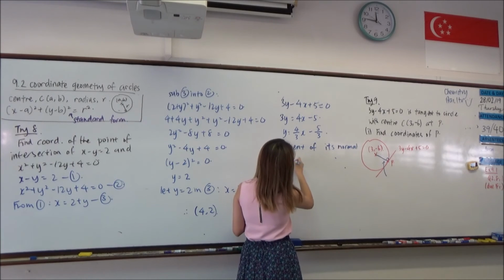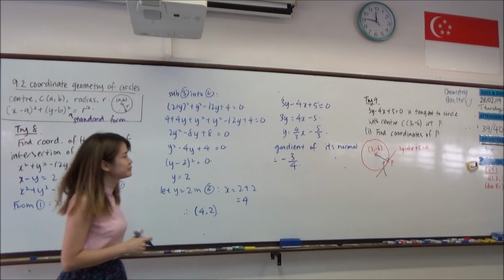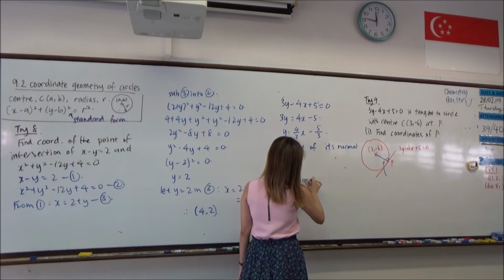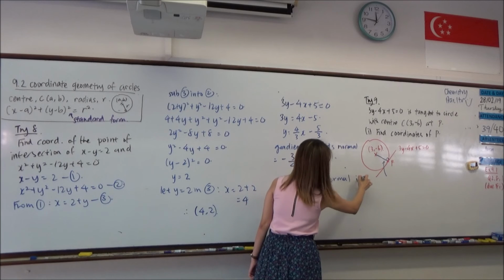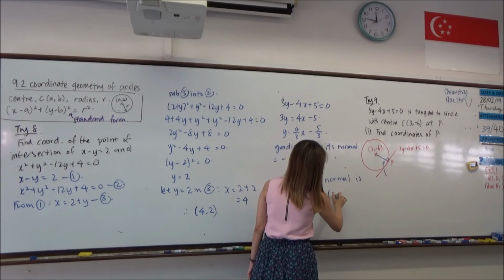So -3/4. So the gradient of its normal is -3/4. Therefore, the equation of the normal will be y minus -6 equals -3/4 (x minus 3).